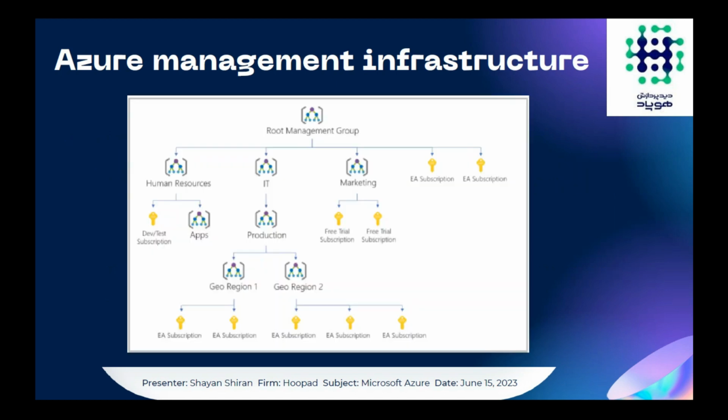Here in this slide, you see a picture of the hierarchy between management groups and subscriptions. As you can see here, the root management group has 5 levels, and 3 of them are management groups. It has 2 subscriptions, it has 3 management groups, and again, the management groups are divided into, for example, subscriptions.